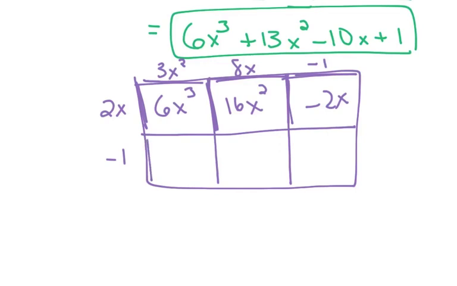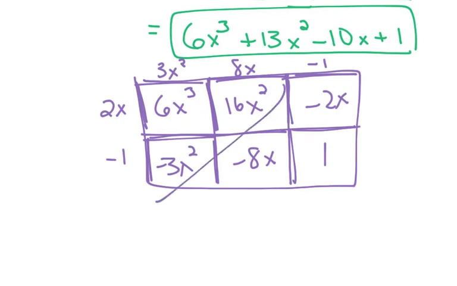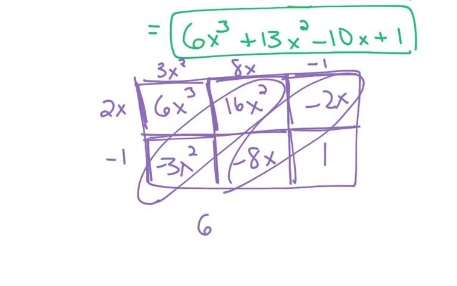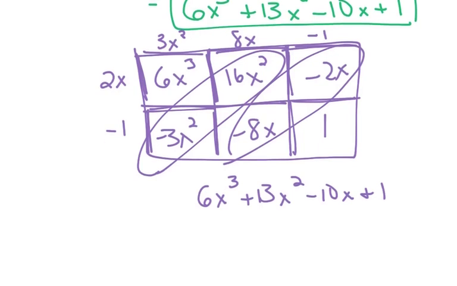Then in the next row, it's going to be -1 times 3x squared, which is -3x squared. -1 times 8x is -8x. -1 times -1 is +1. And you end up finding the like terms right here on the diagonals, and there's your 6x cubed plus 13x squared minus 10x plus 1. Whichever method works the best for you is the method you should use.